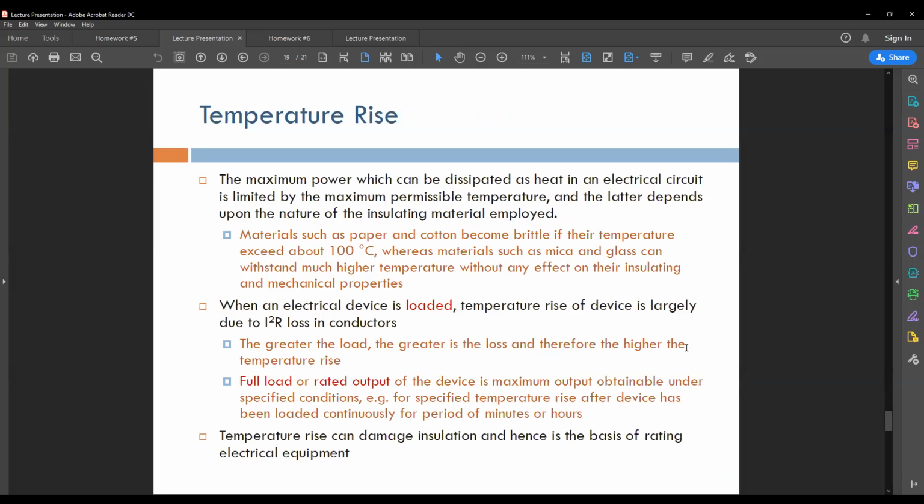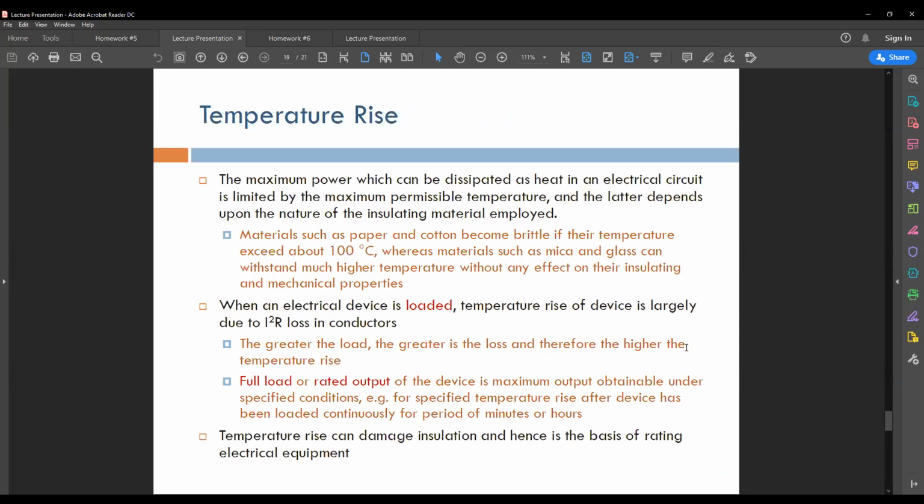Okay, so this is a very important issue, because usually the temperature rise is one of the major factors that determine the rating of electrical appliances.